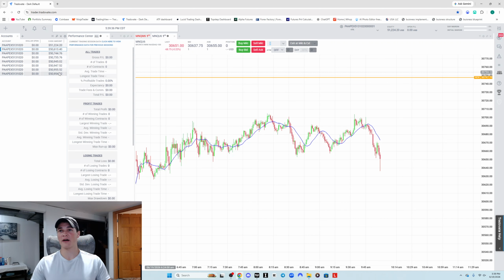I should be in profit $950 to $1,200 on all of them. But a few of them are down a little bit more because there were 3 days where Tradovate did that little glitch, and I took 3 losses on these 3 accounts here, trading all 8 micros on one. Because if you don't know yet, with Tradovate, let's say you have 10 accounts, you just put 10 and it trades 1 micro on each of them. Or if you have 20 accounts, you just do 20 micros, and so on.